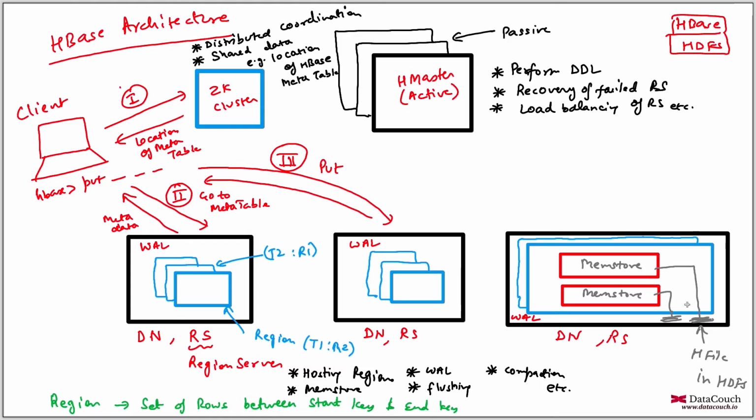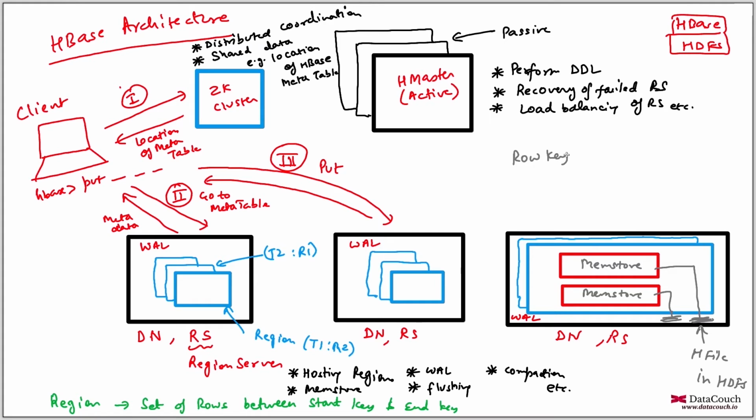So it's very important to design the schema in a proper way. In HBase, if you don't design the schema properly, then what will happen? Regions store a set of rows between a start key and an end key. So if your key is a time series key, let's say this is a scenario of row key design.